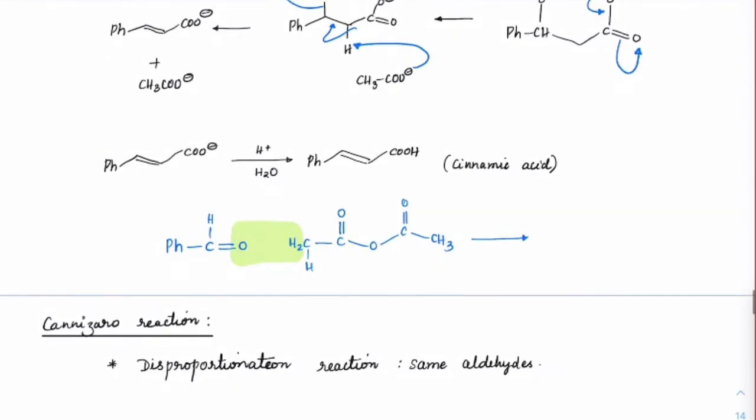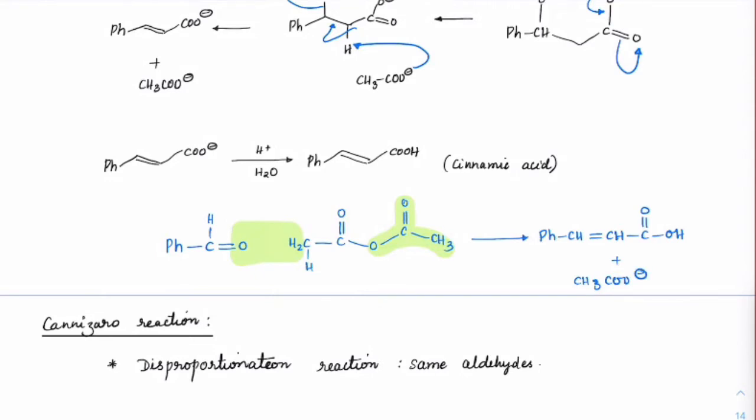Wherever you find this benzaldehyde, just remove this oxygen and these two hydrogens. So we get Ph-CH=CH-C=O, and whatever this part is, remove it as the acetate, so we are left with OH plus CH3COO minus. This is how the product formation is seen.